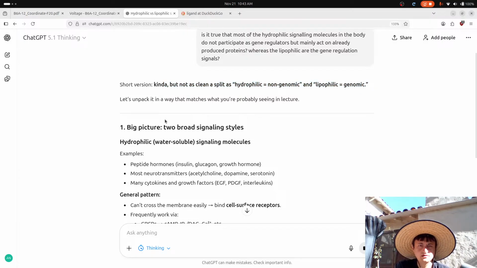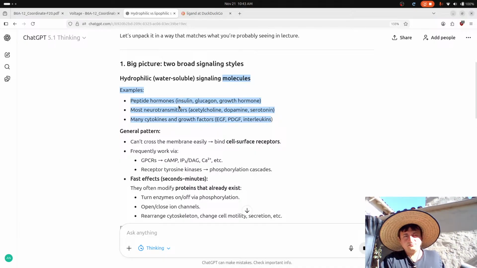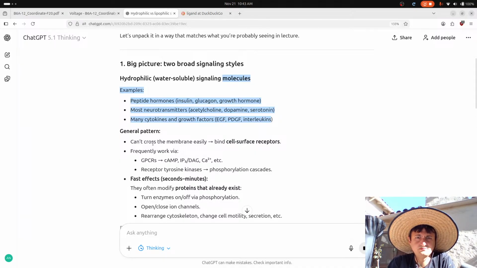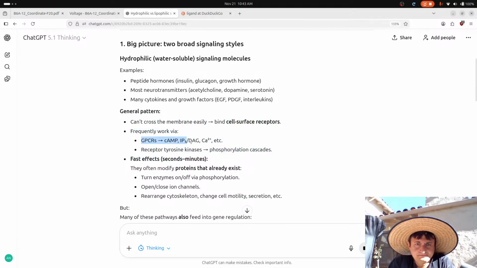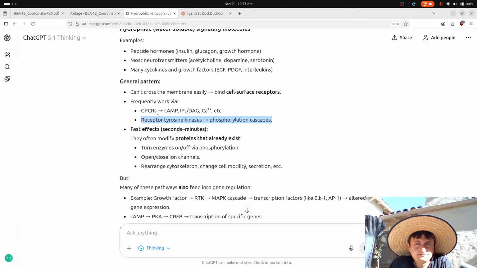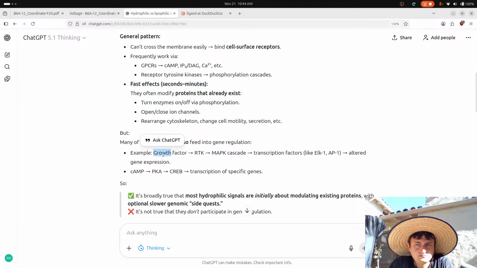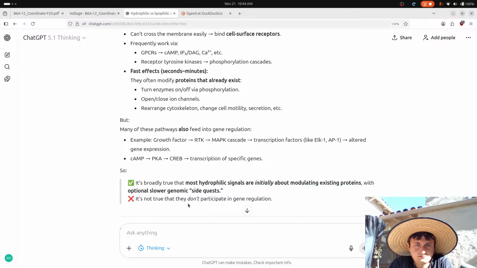Kinda, but not as clean. Okay. Yeah, okay.